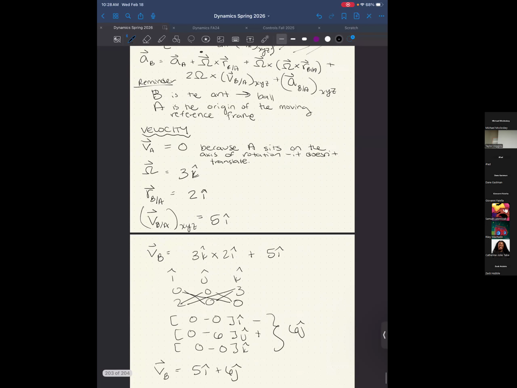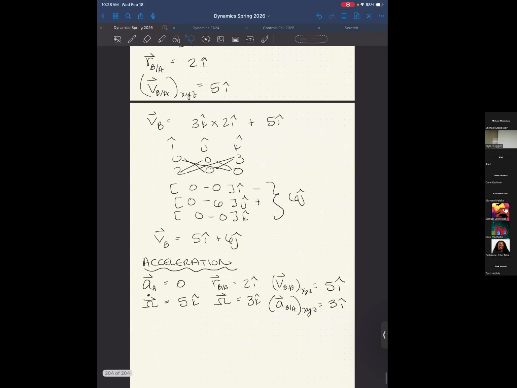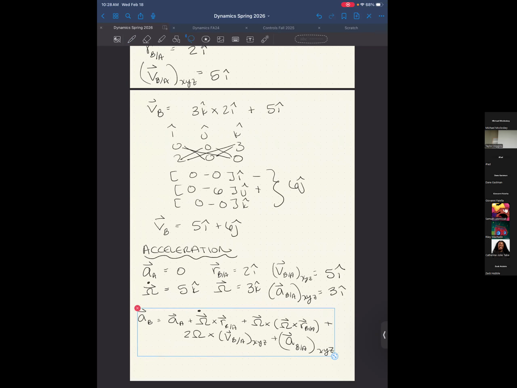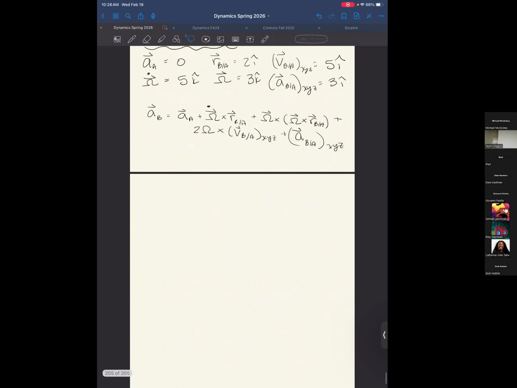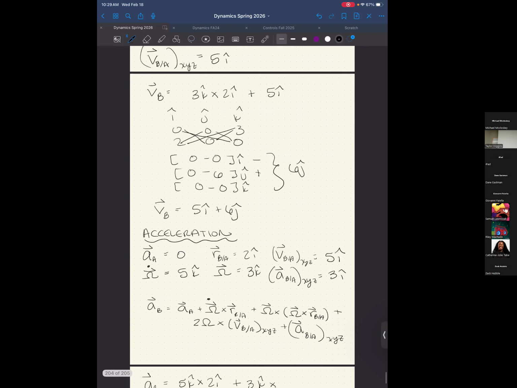Okay, I'm gonna grab this equation again because I do not have it memorized. Okay, acceleration of B equals 0 plus 5k cross 2I plus 3k cross, did I already do omega cross R?